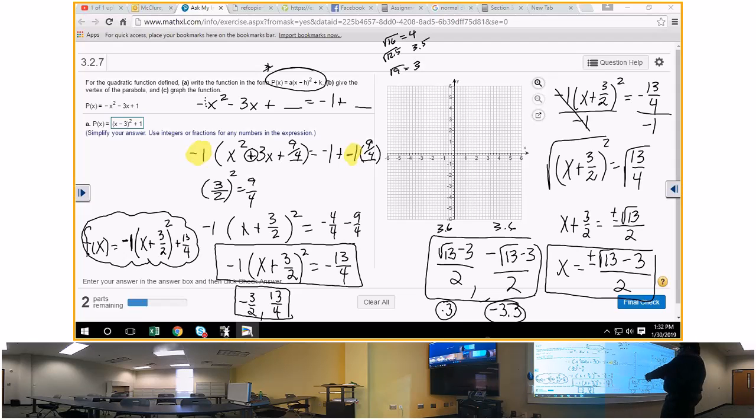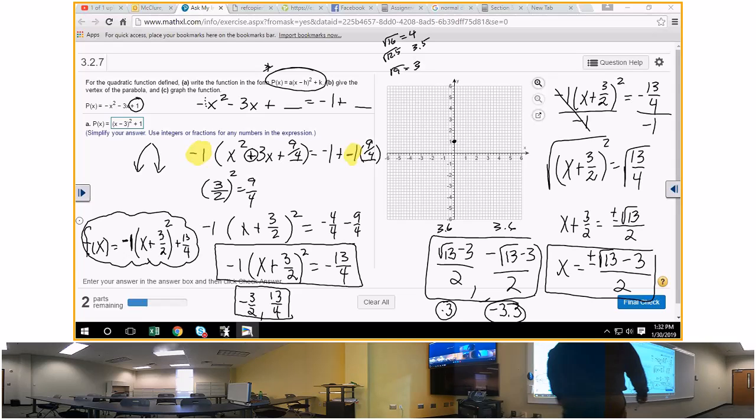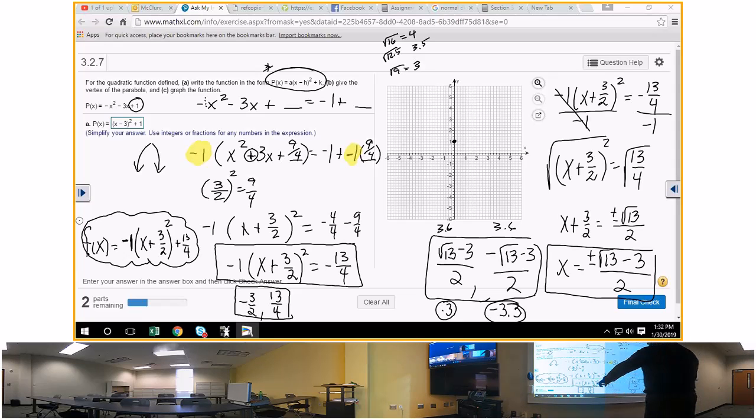Now you take all this information, we know that this is the y-intercept. So the y-intercept is right here. We know it's opening downward because of this, so it's opening downward. We know that the vertex is negative 1.5 and 13/4, which is 4 1/4.